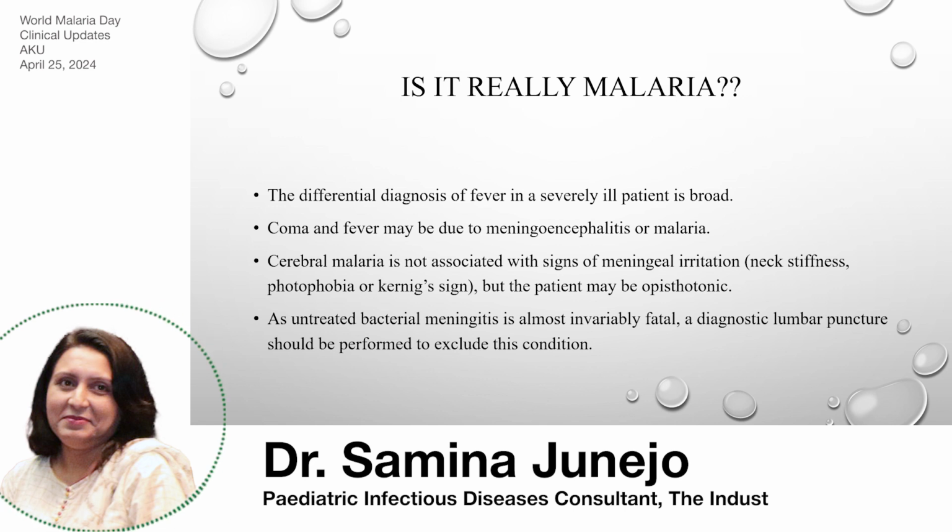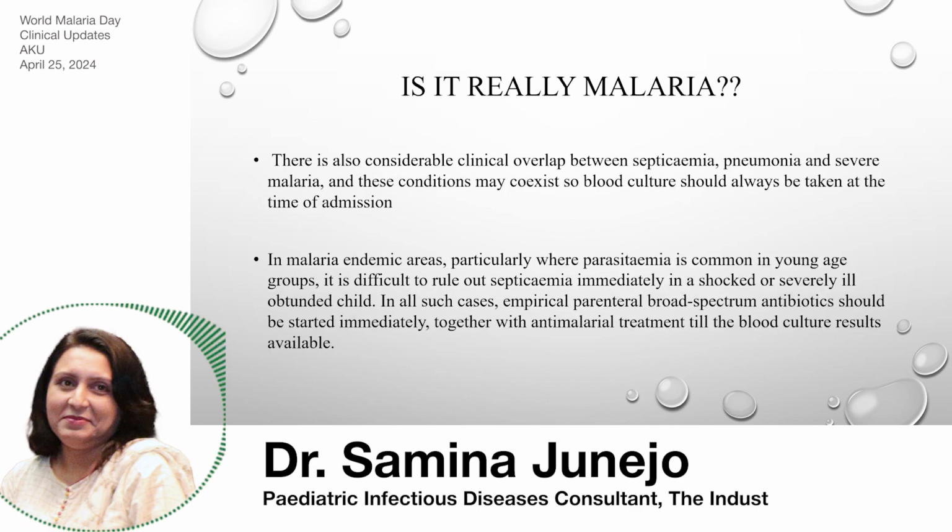And in certain conditions, if the patient is young, you should treat with antibiotics along with the diagnosis and treatment of malaria, because it usually co-infects with other things. So you should give antibiotics, but before that, you should take a blood culture to diagnose any other infection, which is a very wise decision. And it will not give you a hard time if you do it initially. Otherwise, the blood culture will be negative.